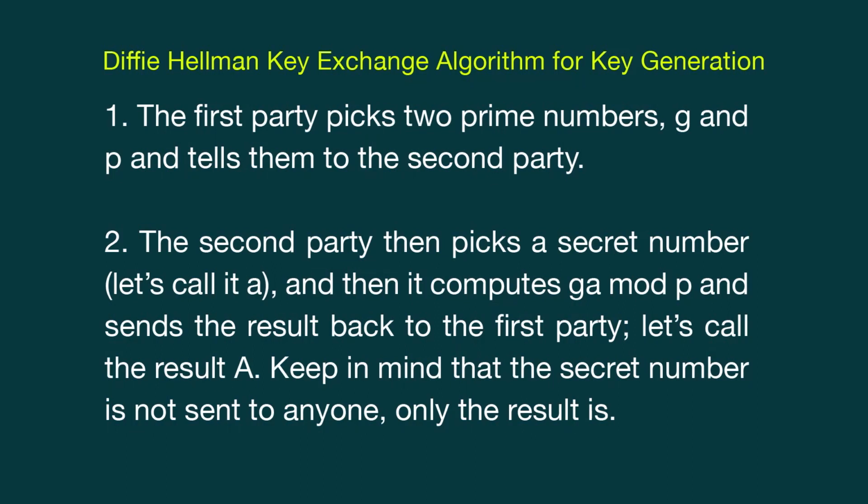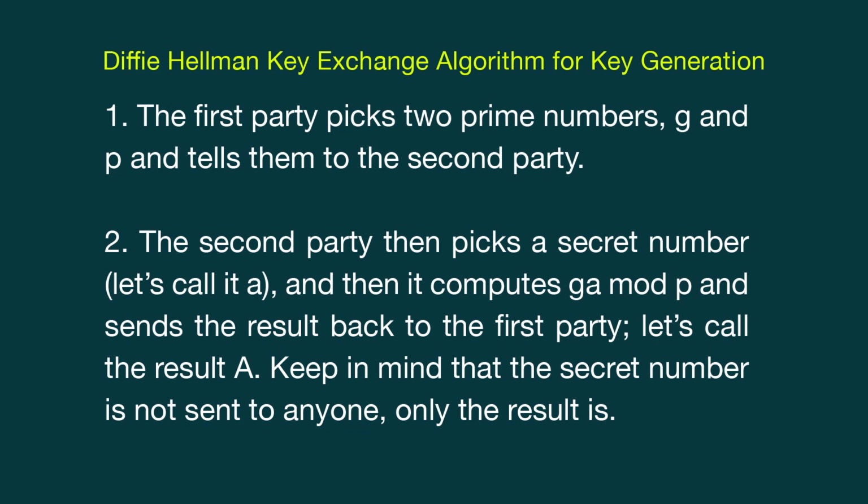The simple idea for understanding the DH algorithm is the following. First, the first party picks two prime numbers, G and P, and tells them to the second party. The second party then picks a secret number, let's call it a, and computes G^a mod P and sends the result back to the first party.